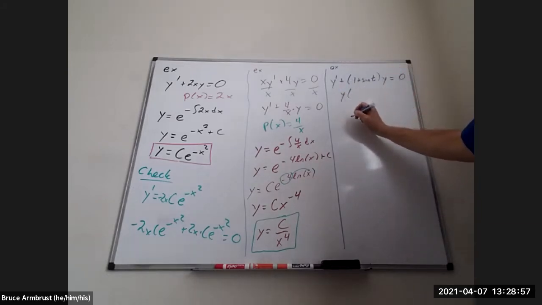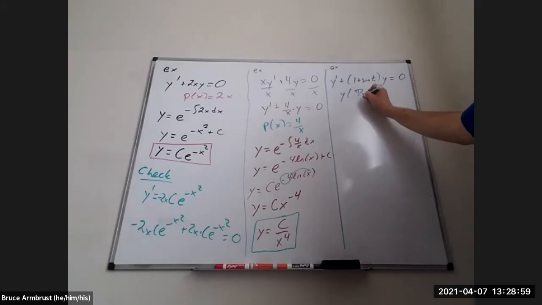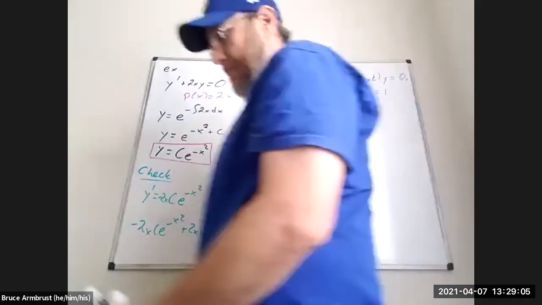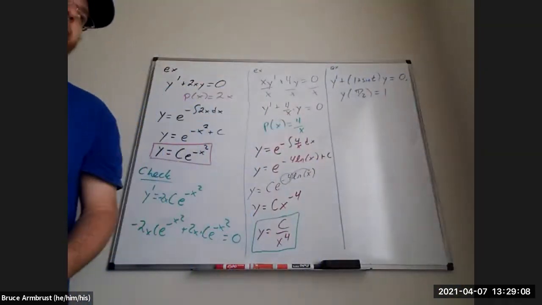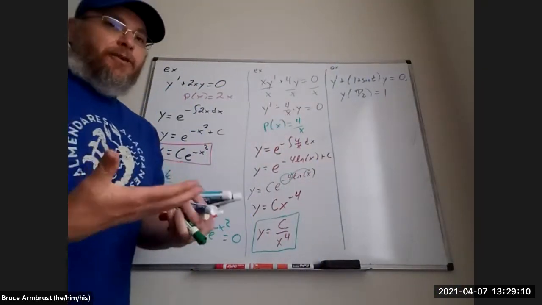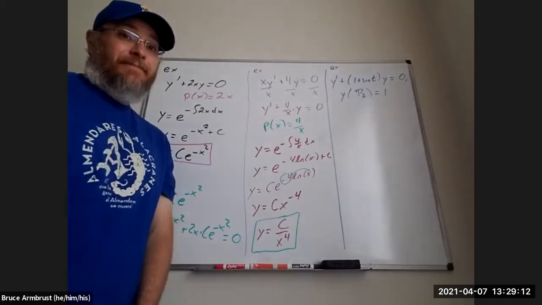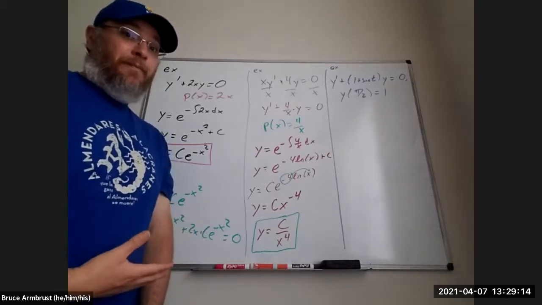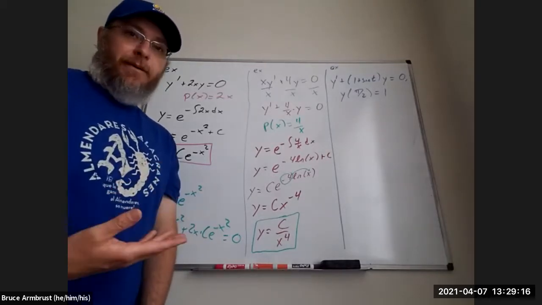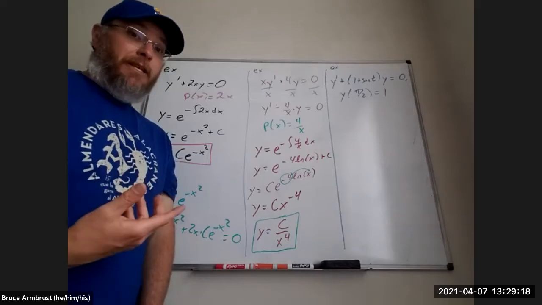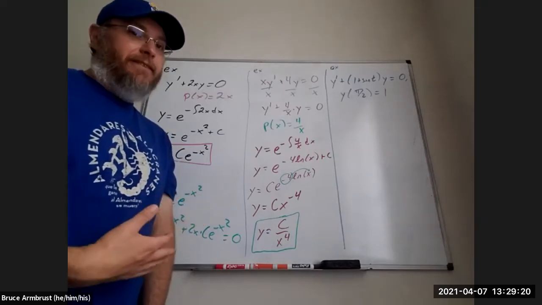But I'm going to tell you that y of pi over 2 is equal to 1. All right, so really the only thing I did here, I didn't change what we're going to do. We just added one more step. There's going to be one more step at the end where we plug in and we actually find C.